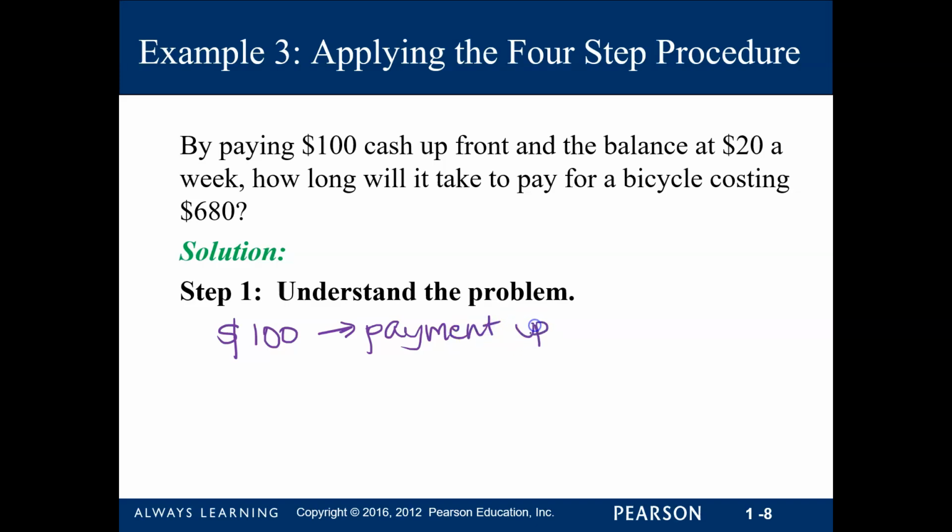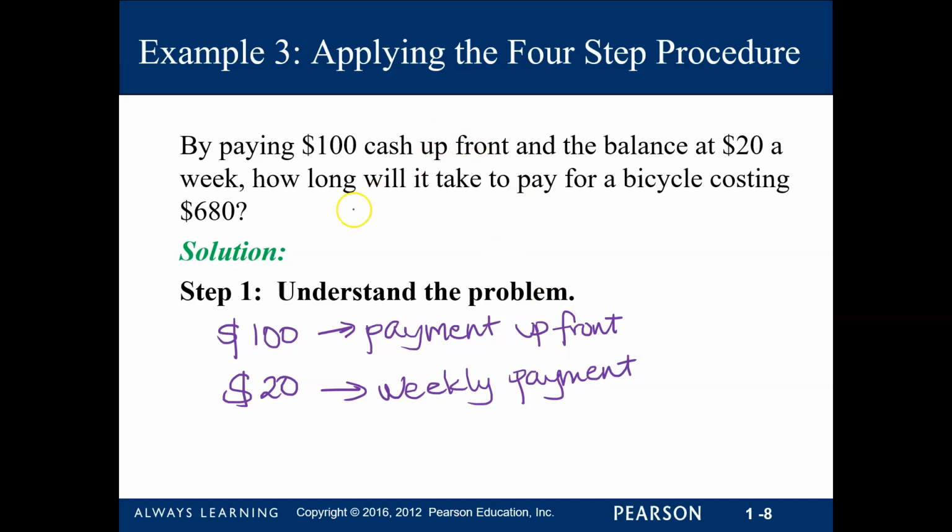Meaning while in the store, that amount was already given. And then the $20, what is the $20? According to the problem, this is the weekly payment. And then what is $680? $680 is the cost of the bicycle.